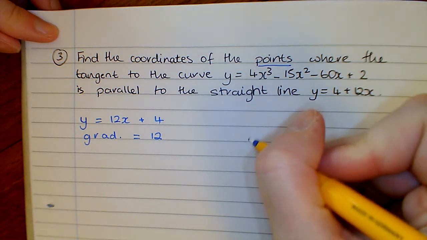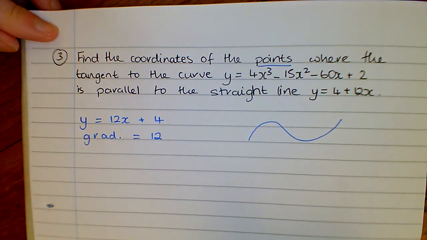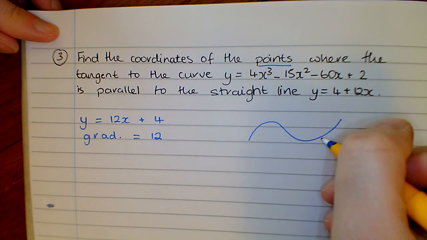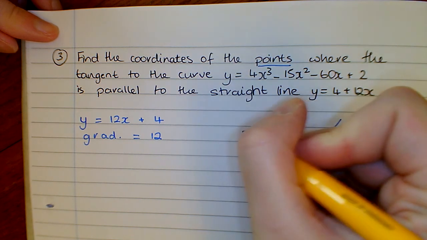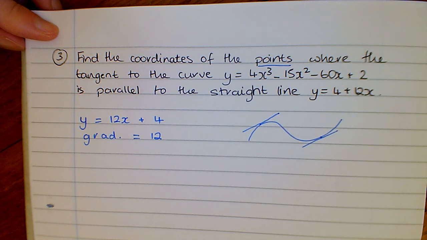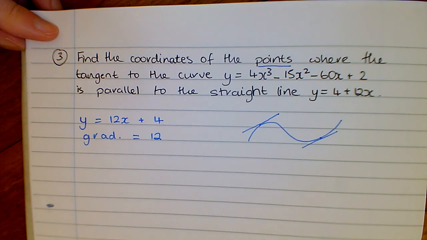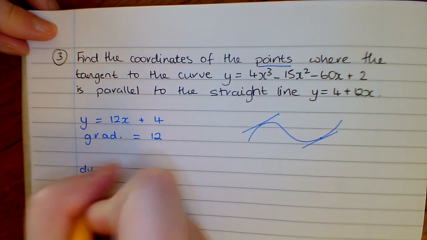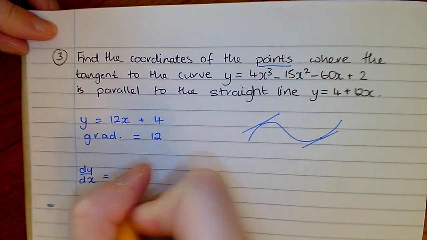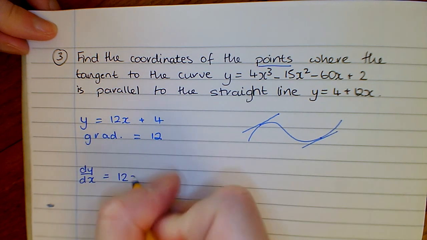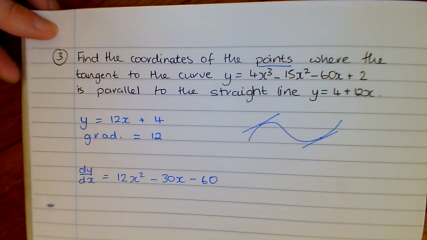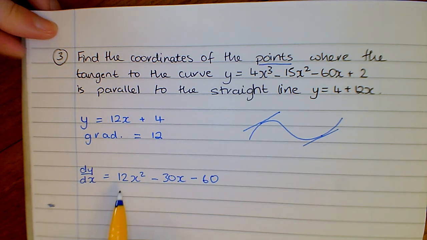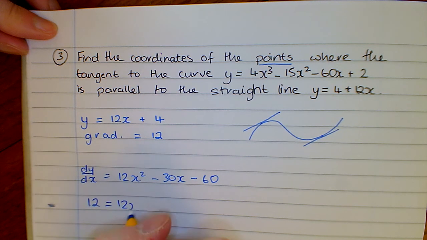And remember now, this is a cubic, so it looks something like that. So there could be 2 points where you have tangents that both have a gradient of 12. Okay, so we need to do dy by dx. So we get 12x squared minus 30x minus 60. And we want the x values that'll make this whole thing equal to 12.